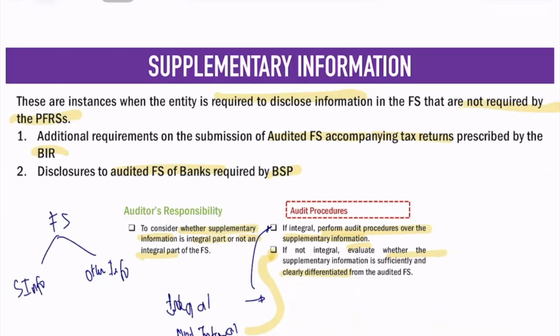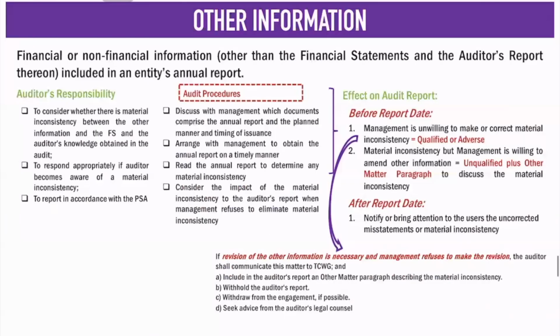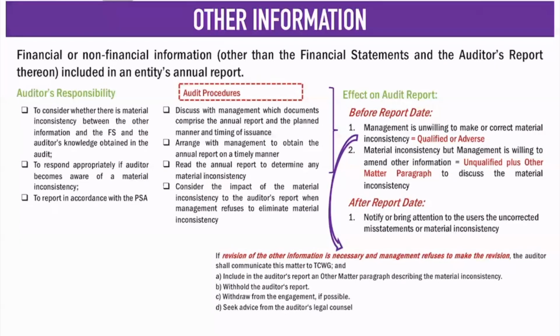Now, how about other info, as information provided together with your FS? Other info is financial or non-financial information other than the FS and the auditor's report, which is included in an entity's annual report. So what is an annual report?